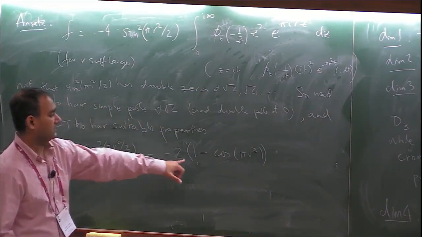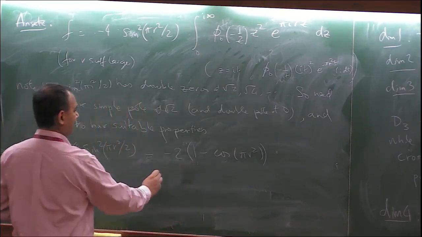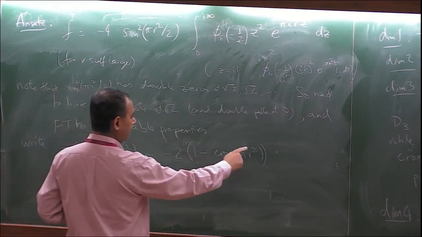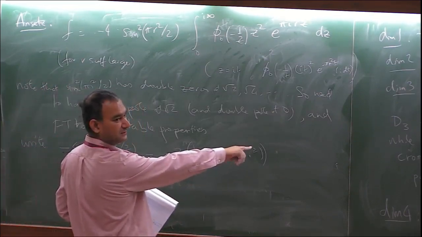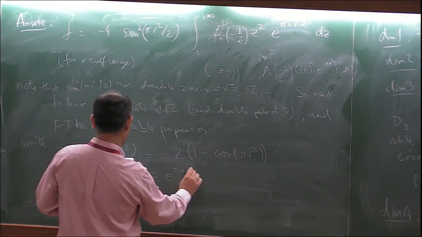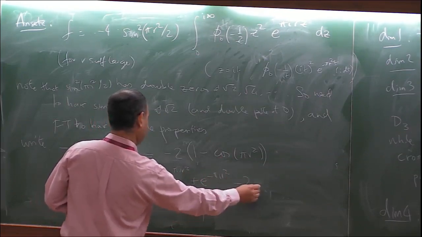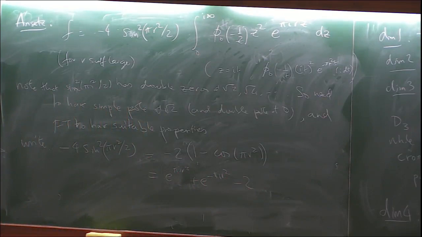So this is true. And then again, you can write cosine as e to the pi i r squared plus e to the minus pi i r squared, over 2. So you can write this as e to the pi i r squared plus e to the minus pi i r squared minus 2. So that's the first transformation.